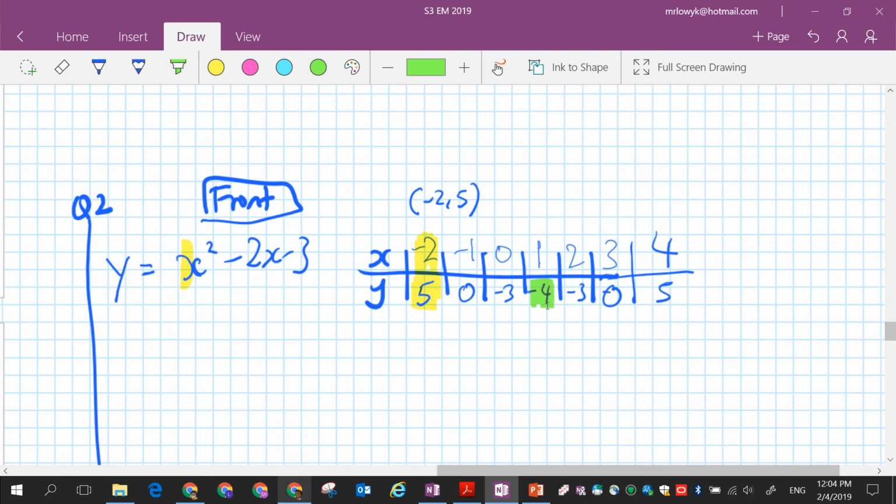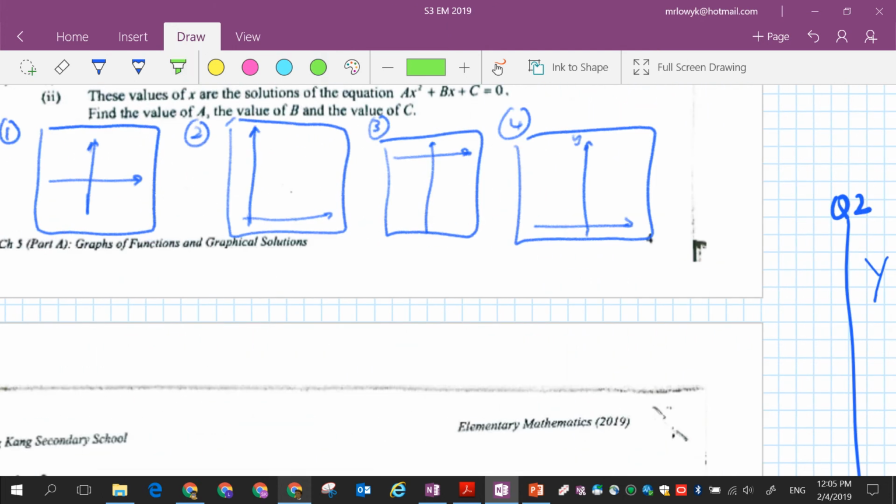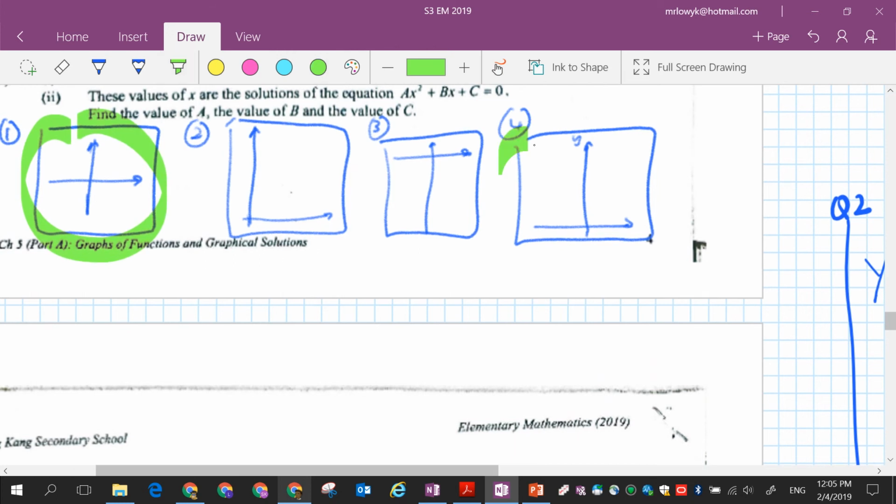-4 and 5, right? So I need to make sure the lowest y value is -4. I need to make sure the highest y value is 5. So most likely I will probably draw somewhat like this or somewhat like this. No, this is out. Can I erase?